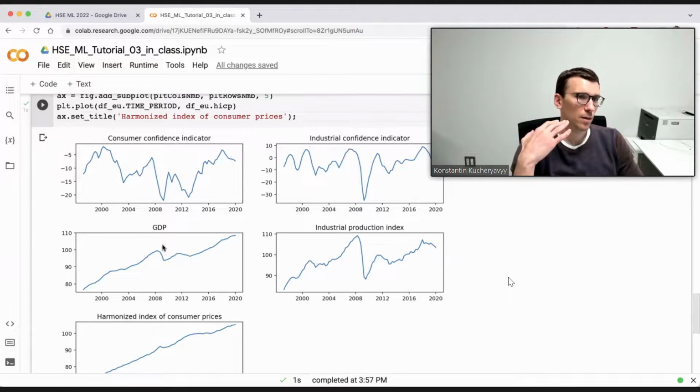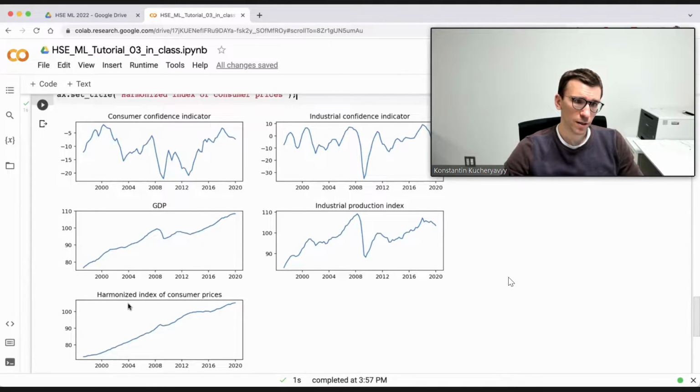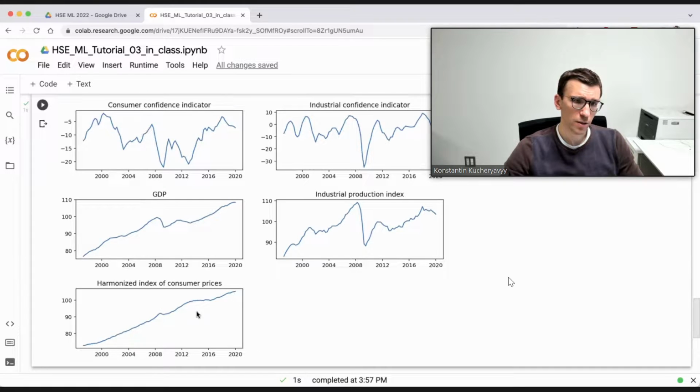And do you expect the future to be better, worse, or the same as the present? So we see that there are no time trends in the consumer confidence indicator or in the industrial confidence indicator. Then in GDP and the index of consumer prices, we see clear trends, and we need to deal with it.